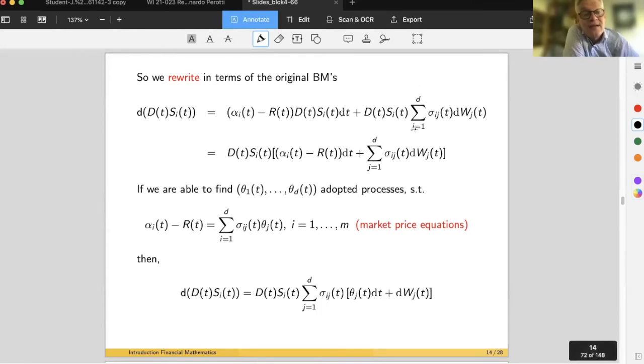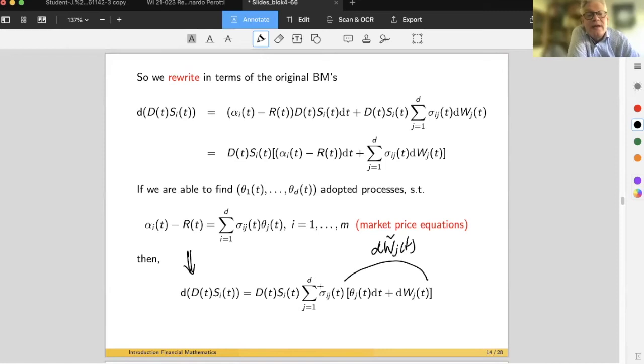Then, in fact, we would have that the dynamics for the discounted price process would be D(t) S_i(t) times the sum j runs from 1 to d, σ_ij(t), and then we have this special process that we are used to from the one-dimensional case, theta_j(t) dt plus dW_j(t). And here you may recall this looks like dW tilde_j(t).